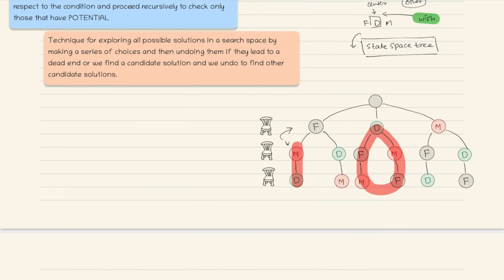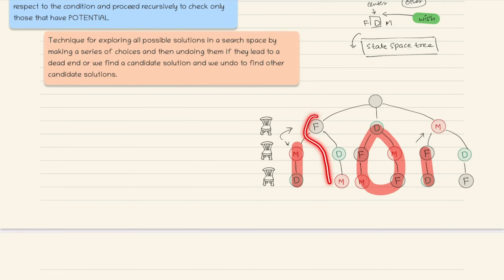And in this place you can see mother is sitting on the first chair and father is in the middle, so no need to go further to find any solution. We should skip this subtree, and from here we have to backtrack and move on to other solutions. And you can see from this picture there are two possible solutions.